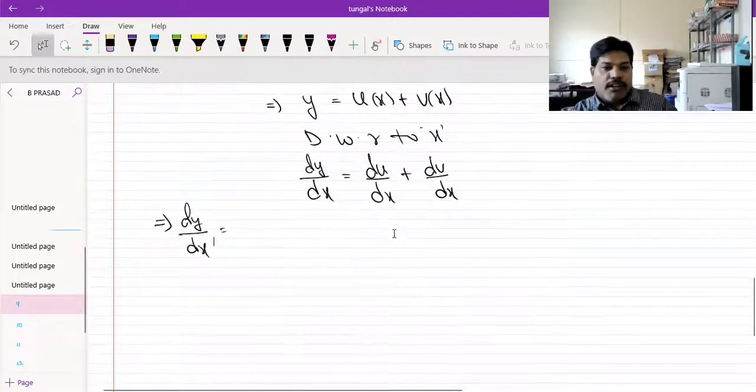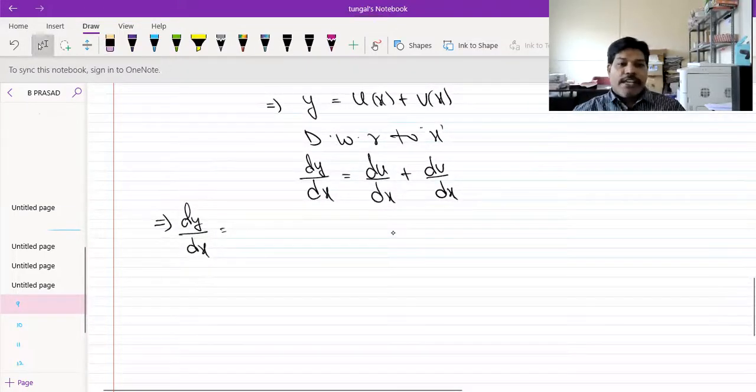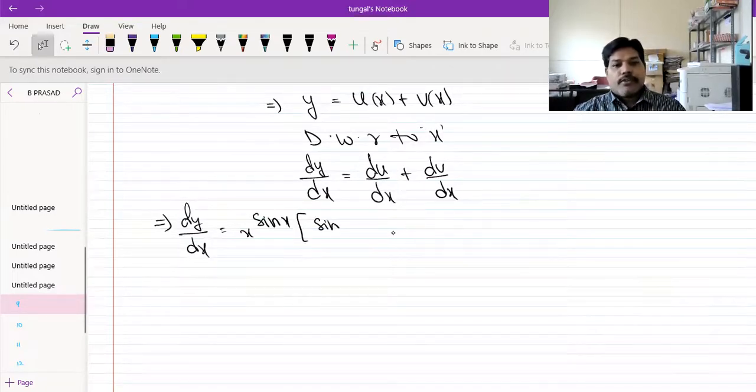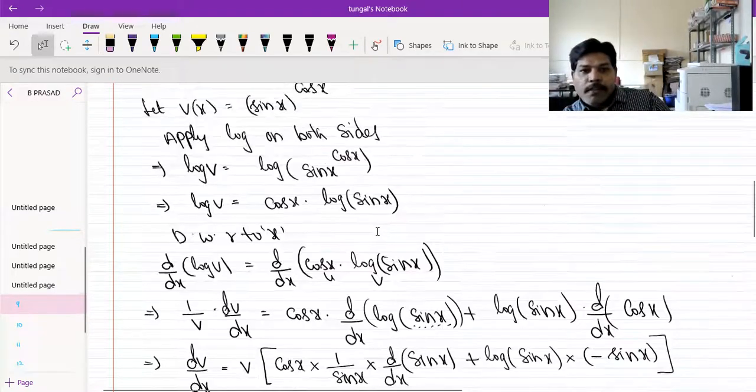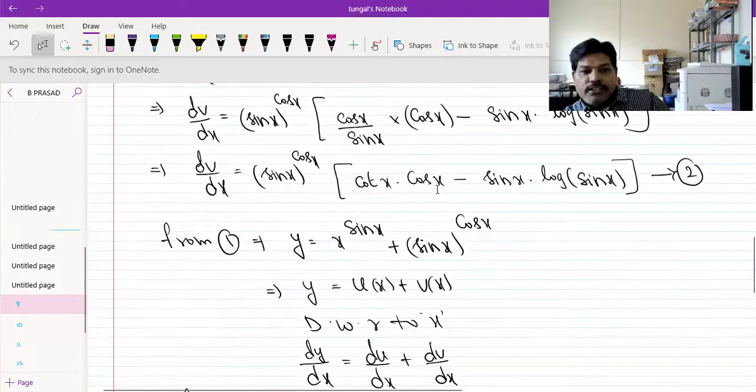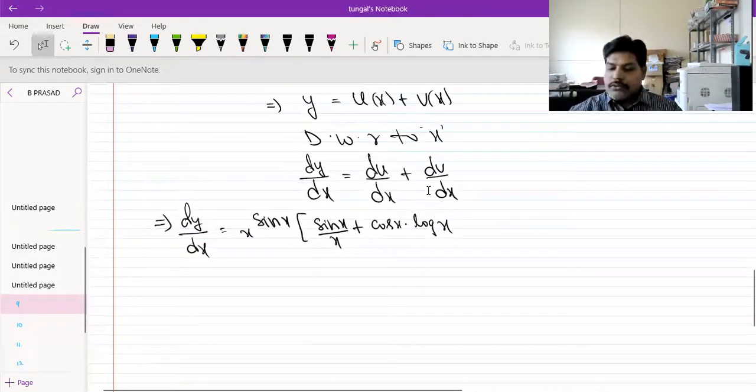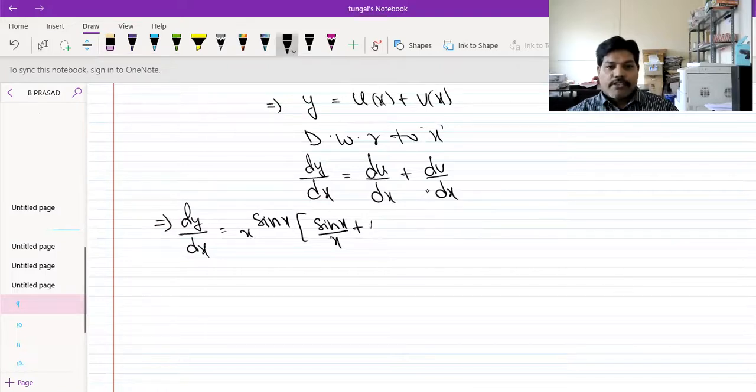So here I will write that dy by dx is equal to x power sin x into sin x by x plus log x into cos x.